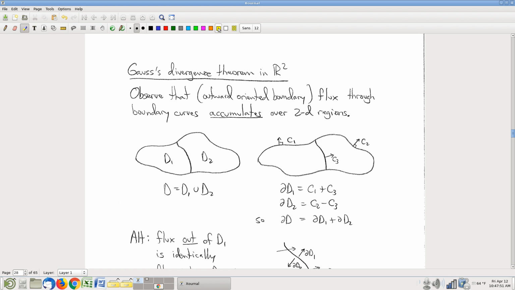Got to draw the usual picture that we draw. Let's think about flux through that boundary. Right, don't forget boundaries are oriented outward. We can talk about flux through this boundary.